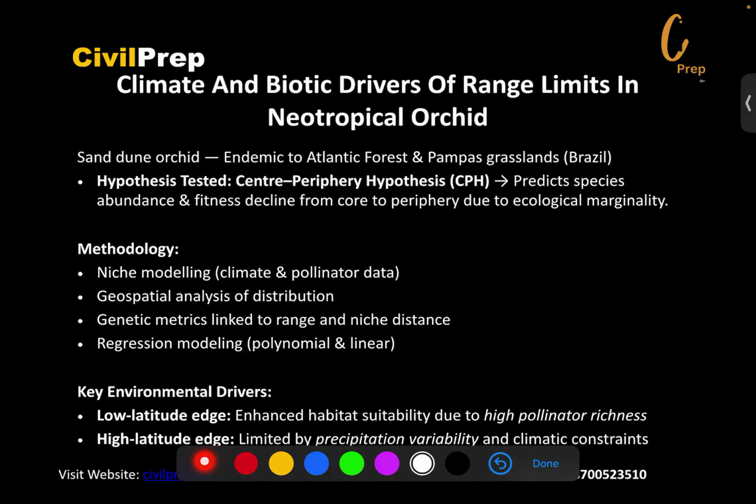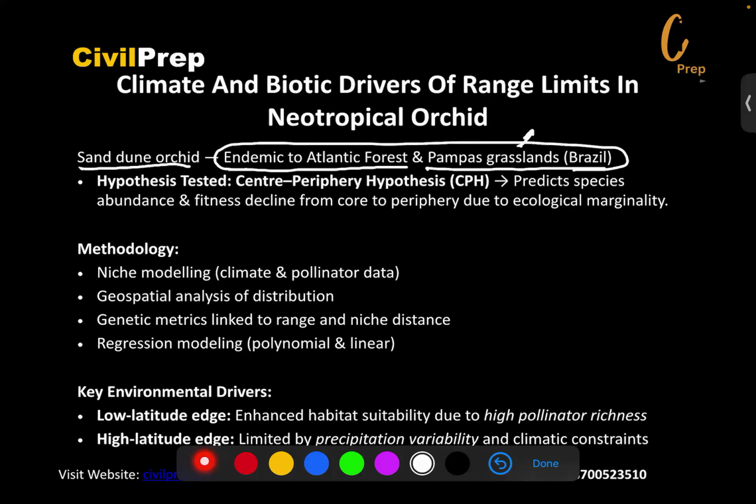Jumping into the case study here, this orchid, that is the sand dune orchid, is endemic to the Atlantic forest and Pampas grassland in Brazil. This is majorly the region in the neotropical region, which forms the edge and a certain part of the interior part of the Amazon biome.